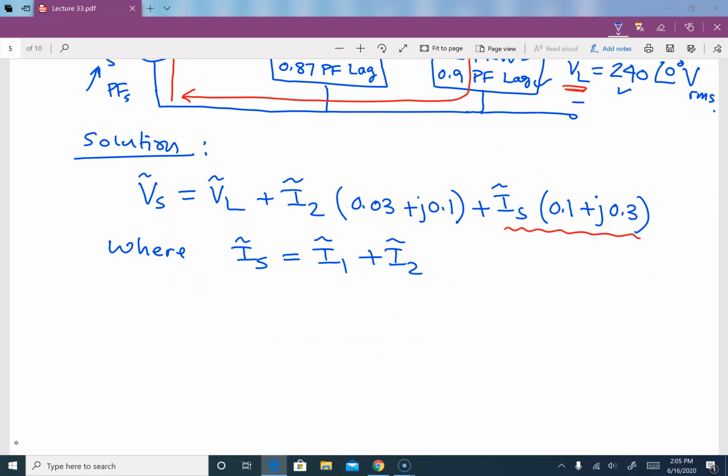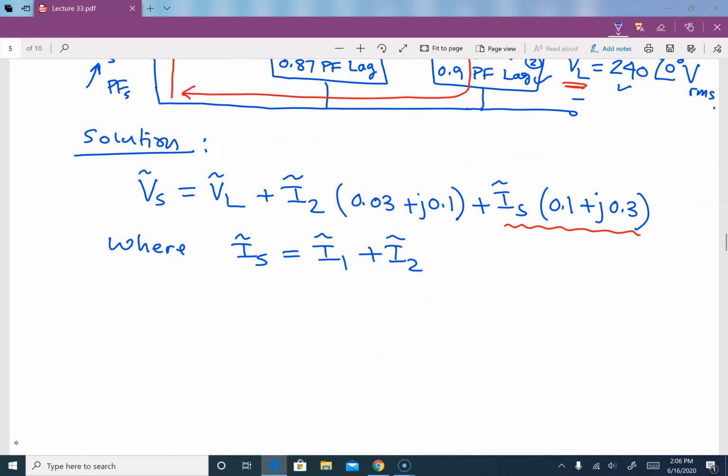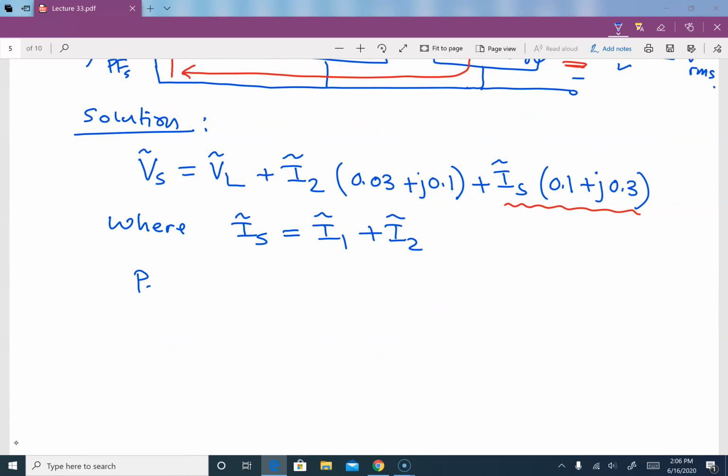I call this load 1 and this load 2. Then P2 is equal to VL I2 times cosine of theta V minus theta I, and that is power factor 2.